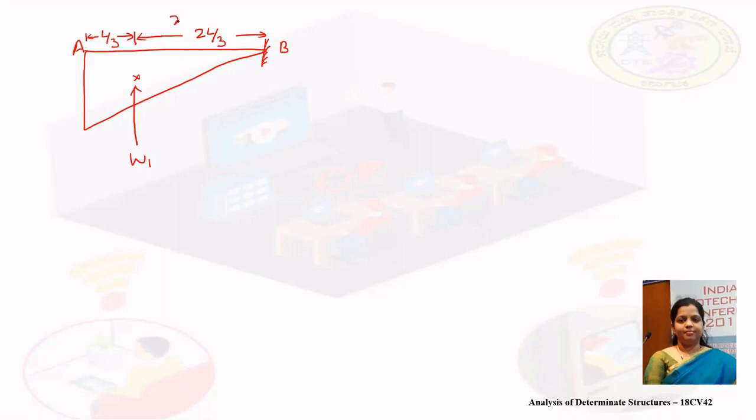So this will be our X1 and the load acting at the CG will be W1. As per conjugate beam theorem, maximum deflection is equal to bending moment.